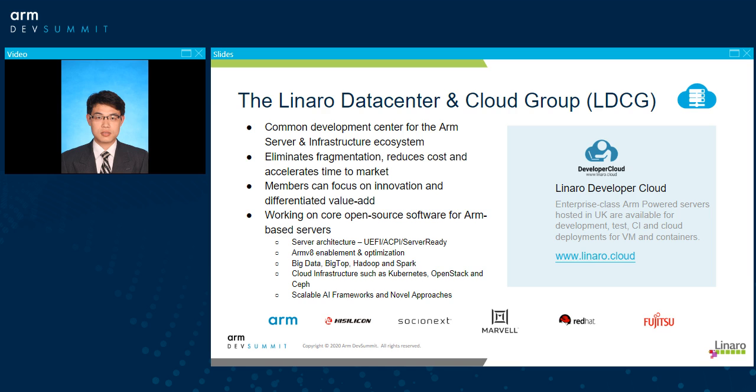So our members can focus on the innovation and differentiate the value added. Actually now we are focusing on several parts. First is the server architecture, and we also cover big data, cloud infrastructure, HPC and the AI area. Besides, we maintain the Linaro Developer Cloud. We are using open source technology to manage the Arm-based powered system.